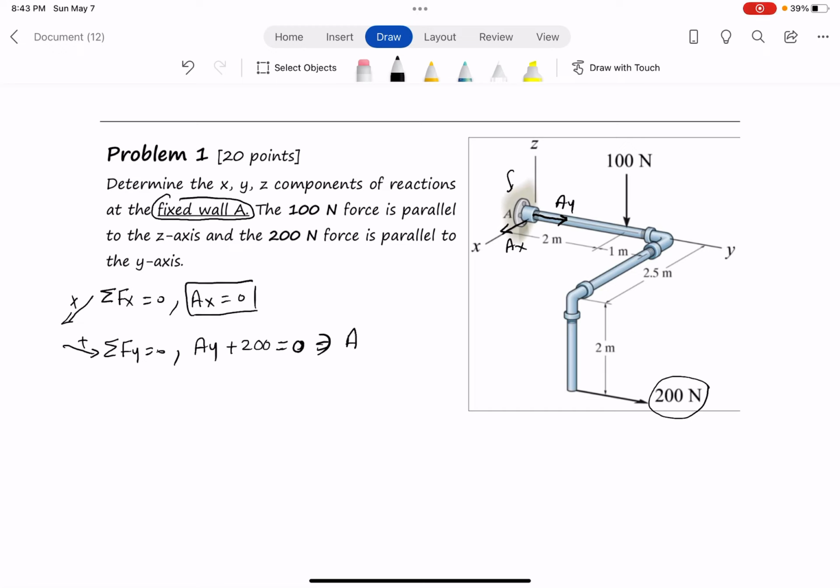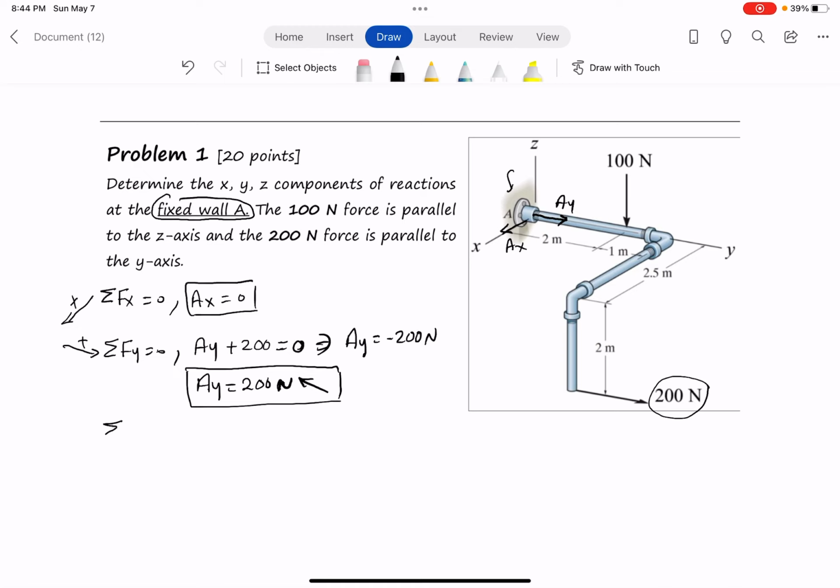So AY is equal to 100. This is negative. And that means AY is 200 Newton, and it's going the opposite direction of the assumed.